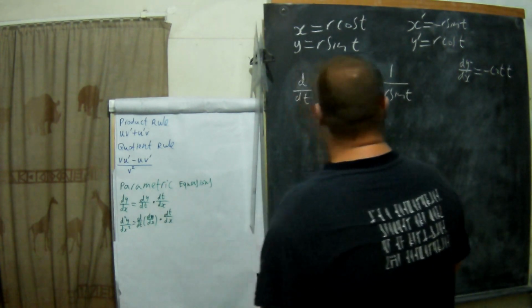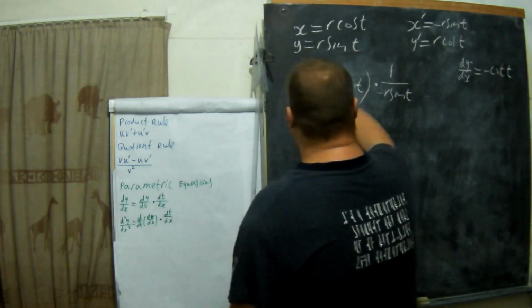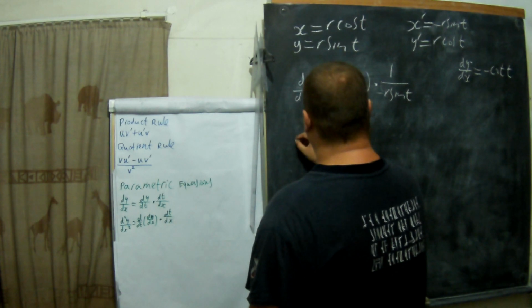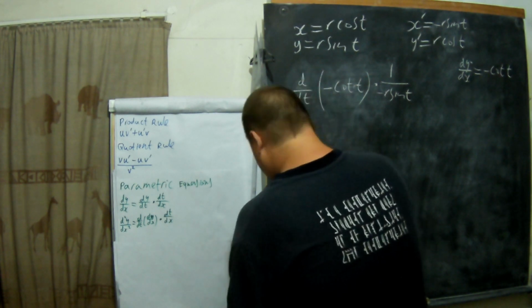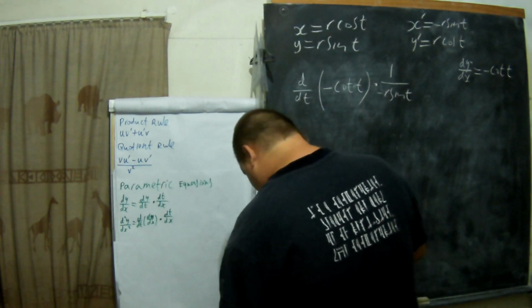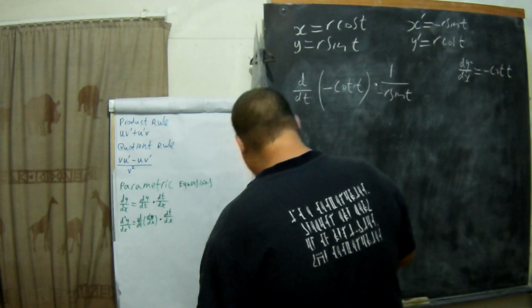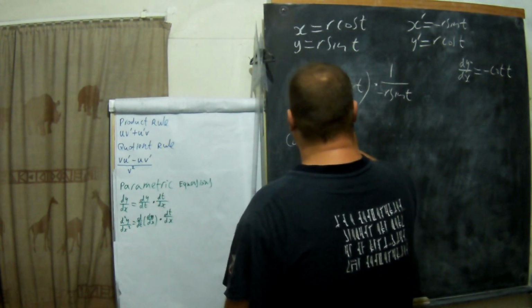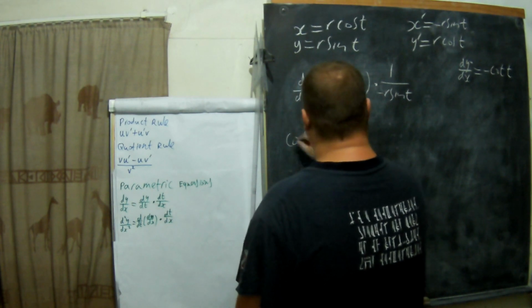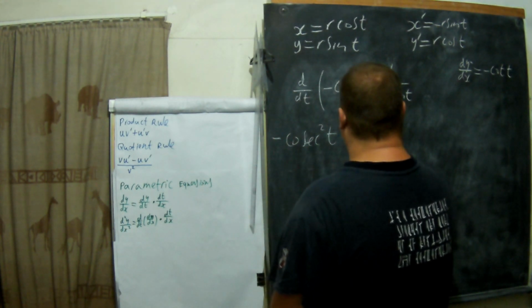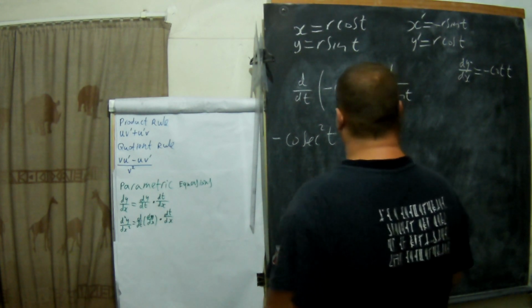Now what we need to do is take the derivative of cot t, which is minus cosec squared t, multiplied by 1 over minus r sine t.